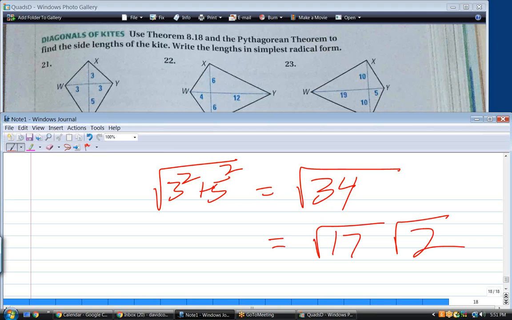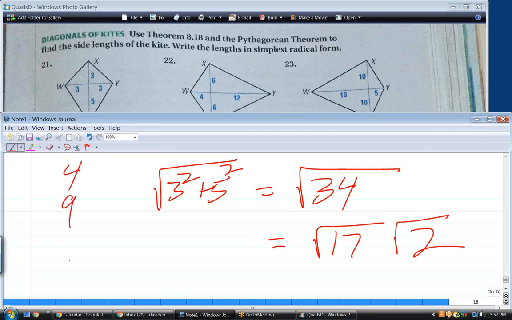Why do I know that 34 can't be simplified? Because 17 is not a perfect square. They're both prime numbers. Yeah, exactly. If I've got two factors that are prime numbers, those are the only two factors of 34, which means there is no factor of 34 that is one of your perfect square numbers.